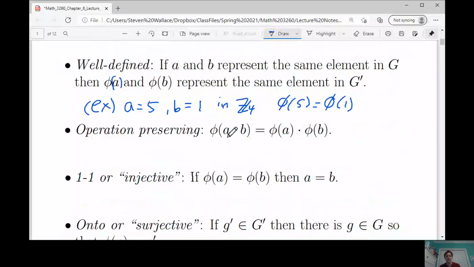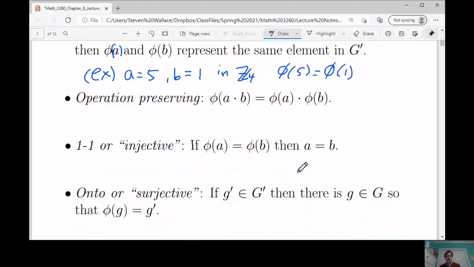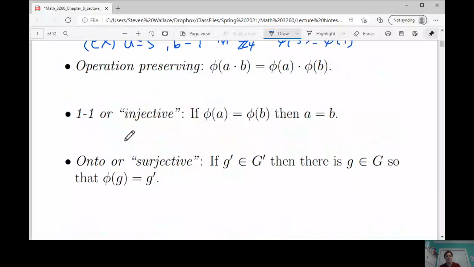Operation preserving means A times B goes to phi of A times phi of B. Injective is another way of saying one-to-one. That is to say, if they have the same value in the target space, then they have the same value in the domain space.